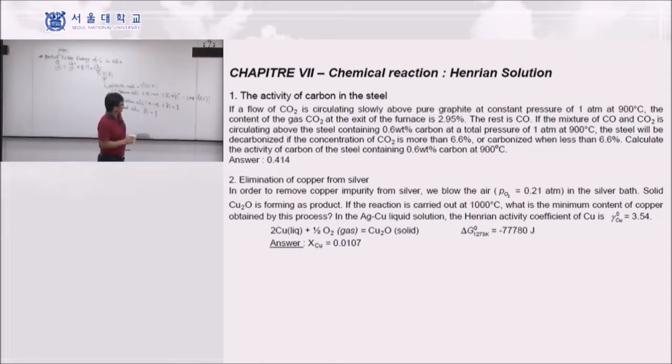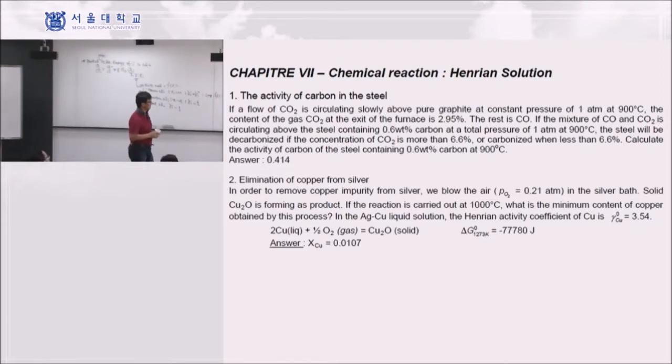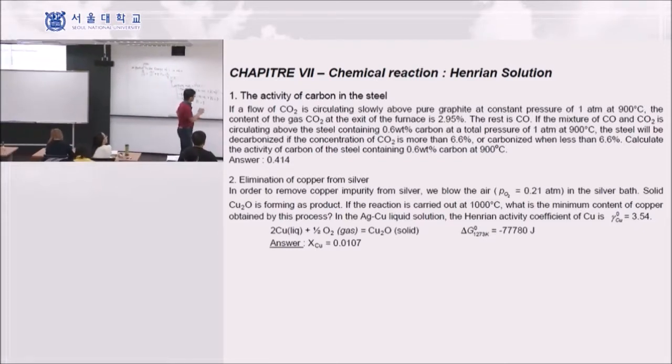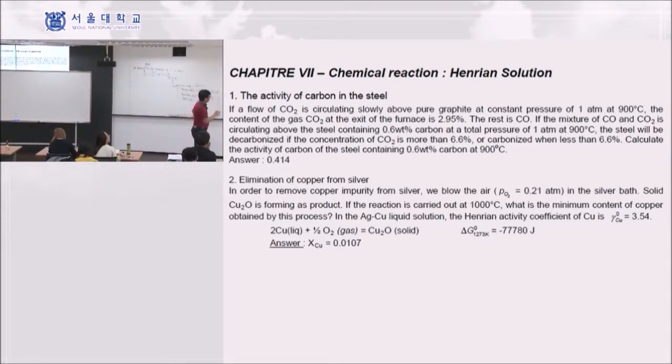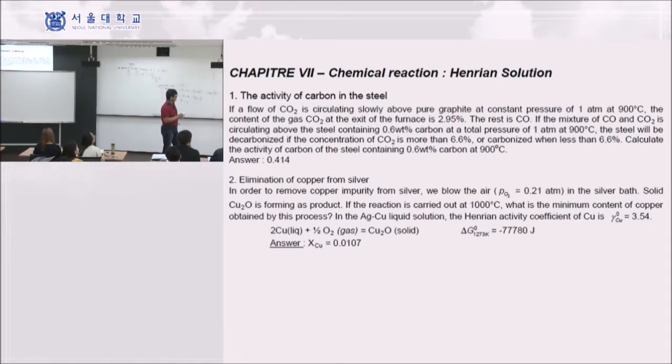So we have CO2 gas circulating slowly above pure graphite at a constant pressure of 1 atm at 900 degrees Celsius. The content of the gas, CO2, at the exit of this furnace is 2.95%, and the rest is CO. So it's a CO-CO2 mixture in the exhaust gas, with CO2 at 2.95% and CO at 100 minus 2.95%.